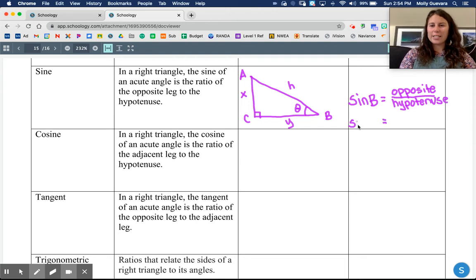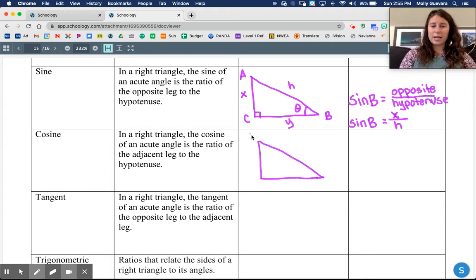So I would need to find what is the opposite side of B. Opposite of B is X. And then the hypotenuse of this triangle is H. So whatever the value of X is, let's say it's 7 or whatever, that number goes here, and then whatever the value of H is goes on the bottom. And it's just a ratio because it's a fraction.